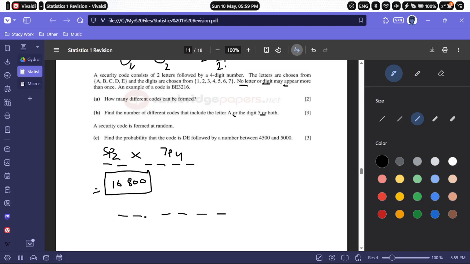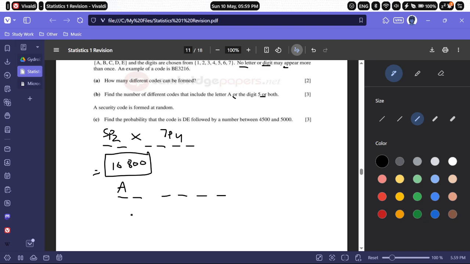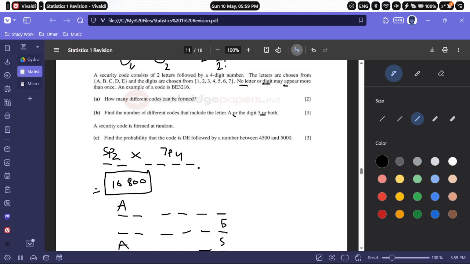So first of all, you can start by fixing A over here, then make another case where you select 5, and a third case where you have both. In this case, you're left with four letters.